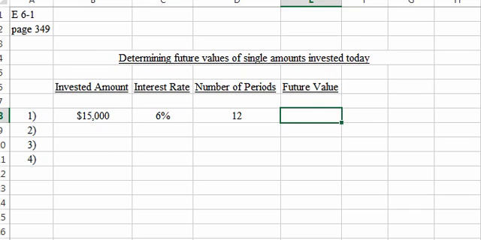So what we're going to do is say equals 2.01220 times our amount invested today.